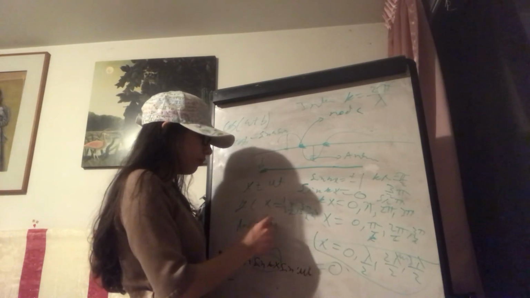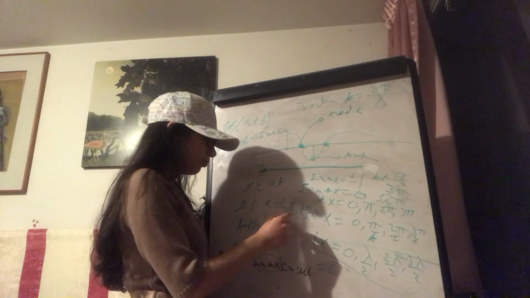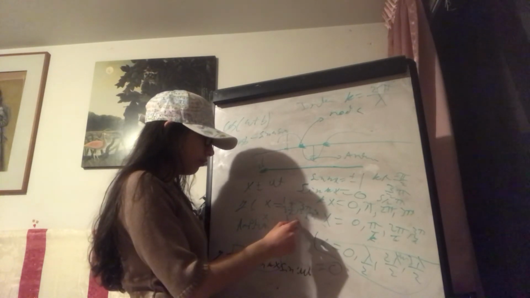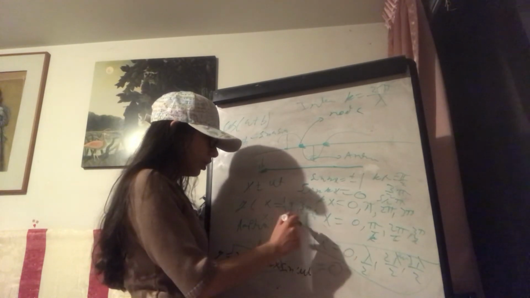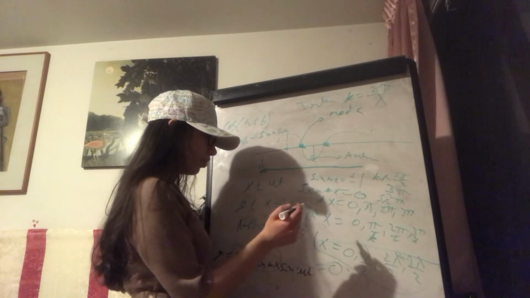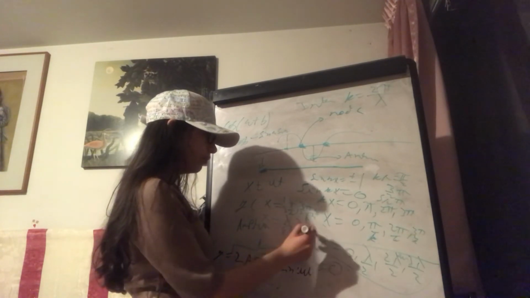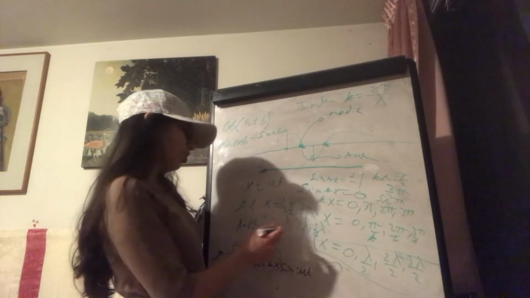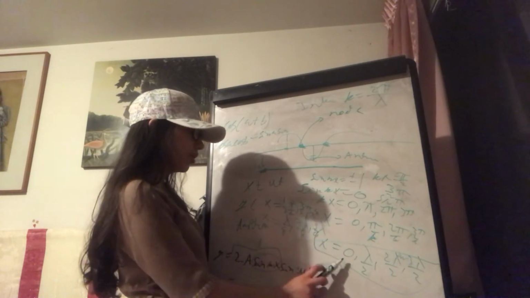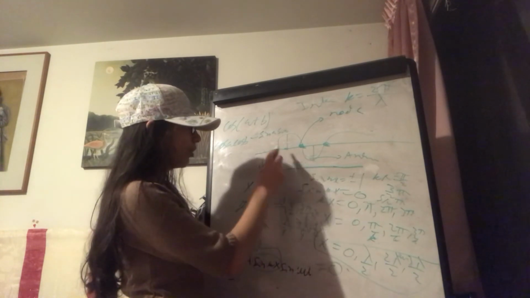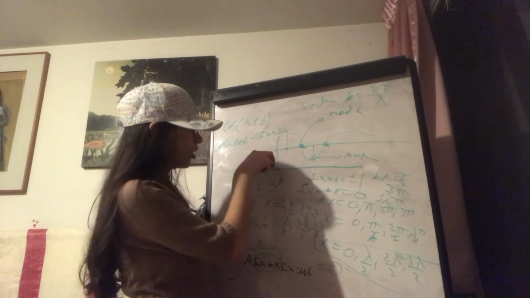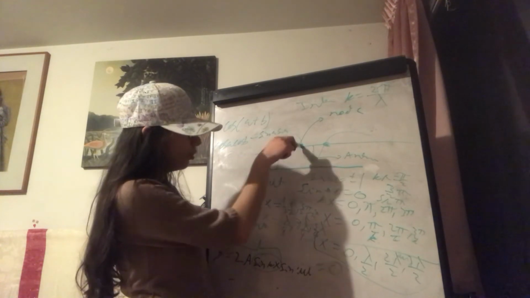So x is equal to lambda over 4, 3 lambda over 4, 5 lambda over 4, etc. The first node is at 0, the second is at lambda over 2, then 2 lambda over 2, 3 lambda over 2.